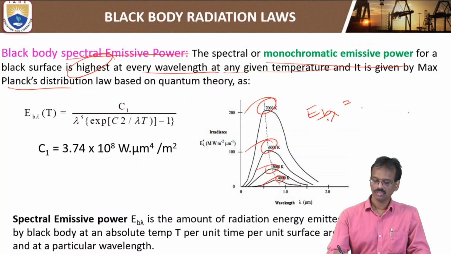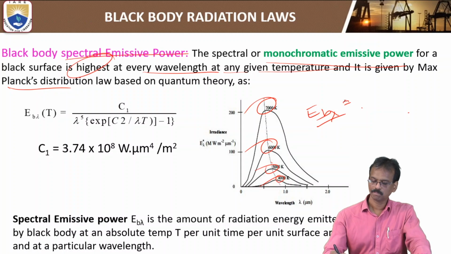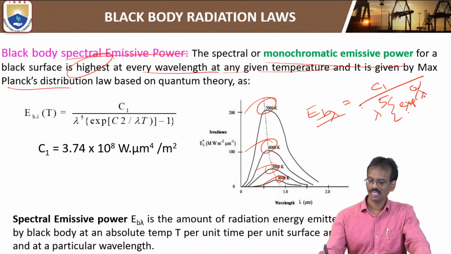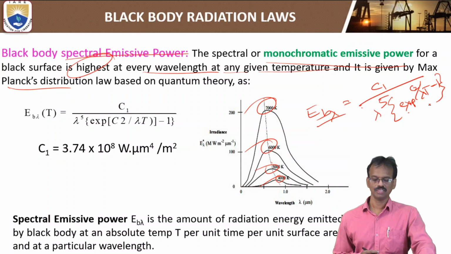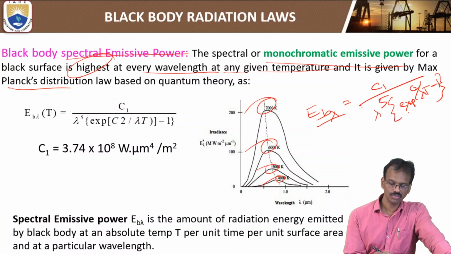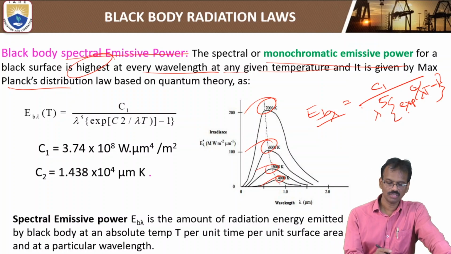According to this Max Planck's law, E b lambda, emissive power at a particular wavelength, is equal to C1 by lambda to the power of 5 into exponential of C2 by lambda T minus 1. This is the derived formula, where C1 and C2 are constant values.